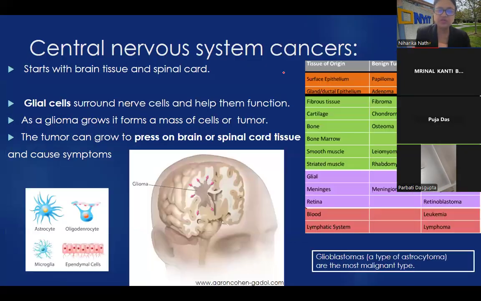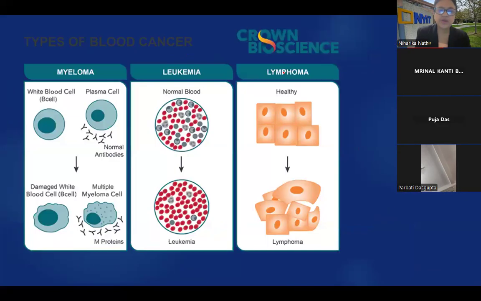Can I show you this diagram? Go back to this diagram. Here in the myeloma, this is a B cell, and these B cells make your antibodies. That's their job, so that you do not suffer from infections, etc. When they just don't work properly anymore, they're damaged.